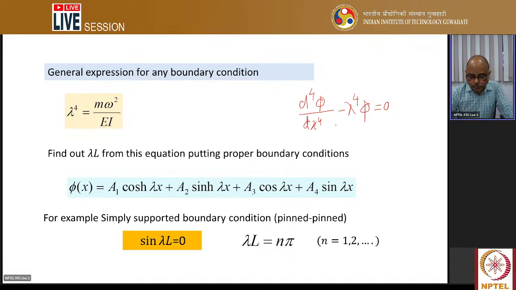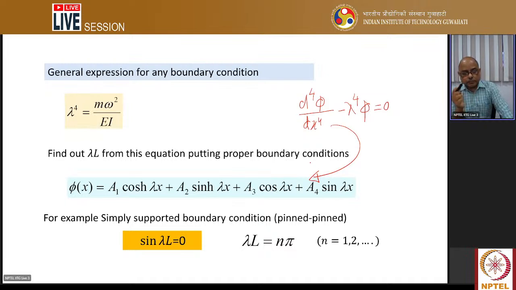The solution yields phi(x) equal to a1 cosh lambda x plus a2 sinh lambda x plus a3 cos lambda x plus a4 sin lambda x. So you can see the mode shape is a combination of hyperbolic function and trigonometric function.